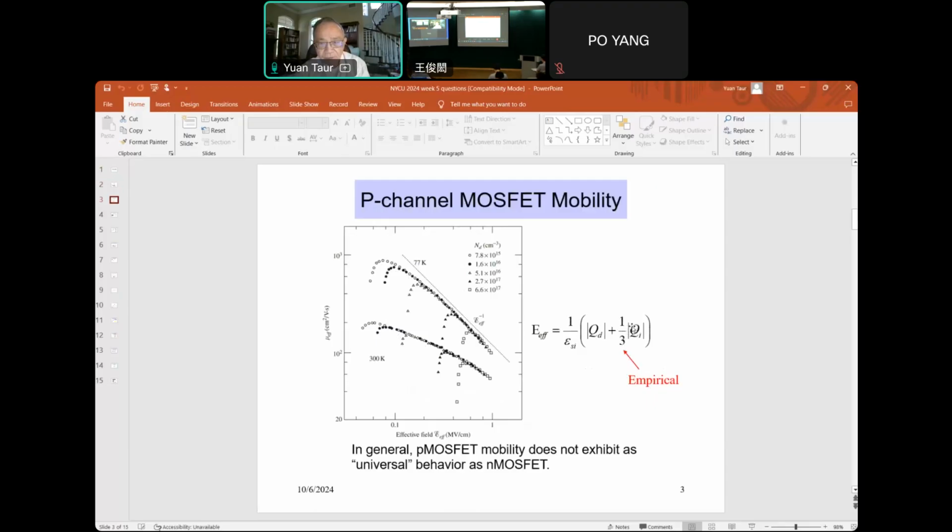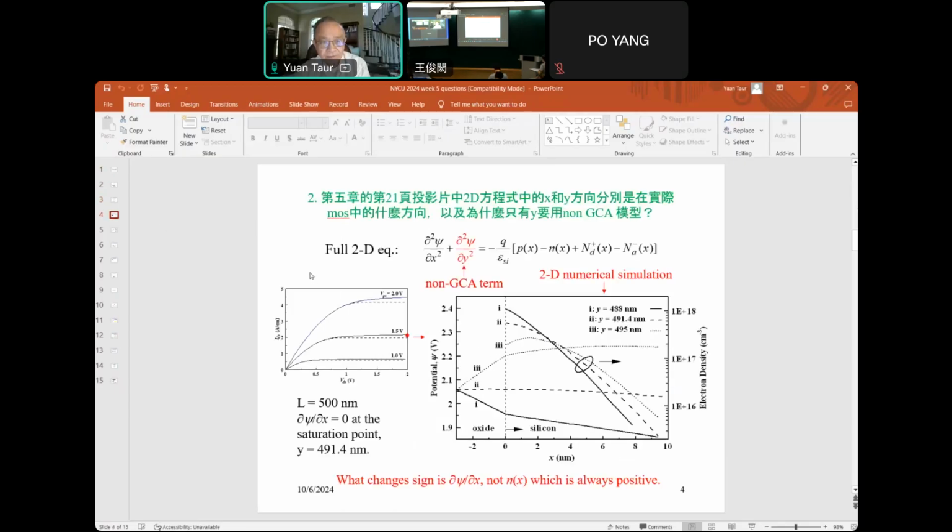This only works for 1/3, and it's a little bit difficult to interpret what it means physically. You can take your own guess, but that's where the 1/3 factor came from in the literature.